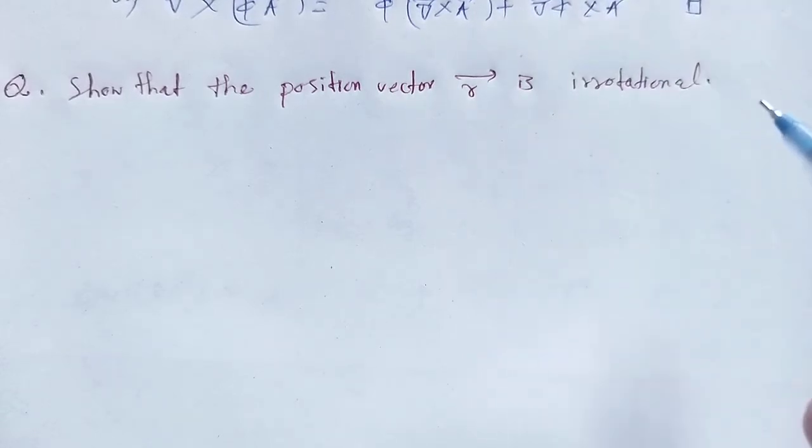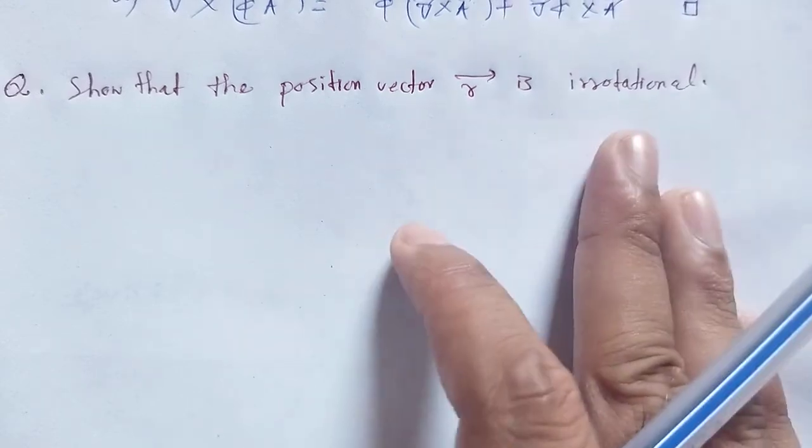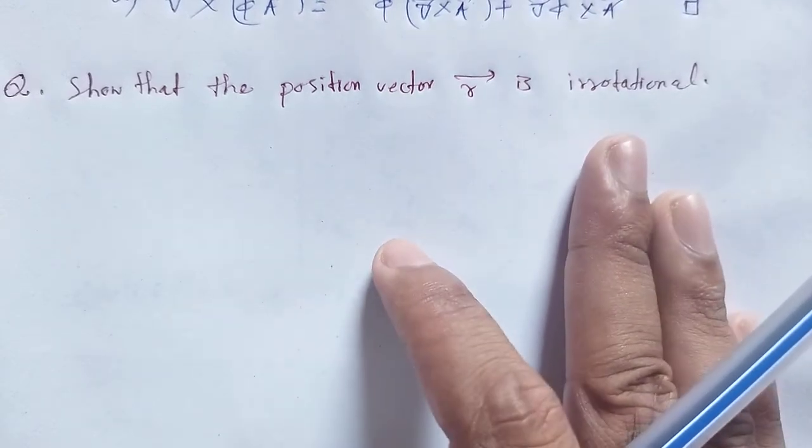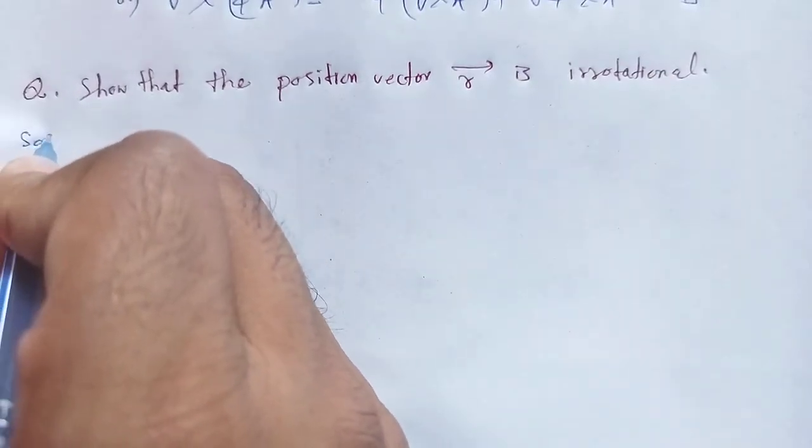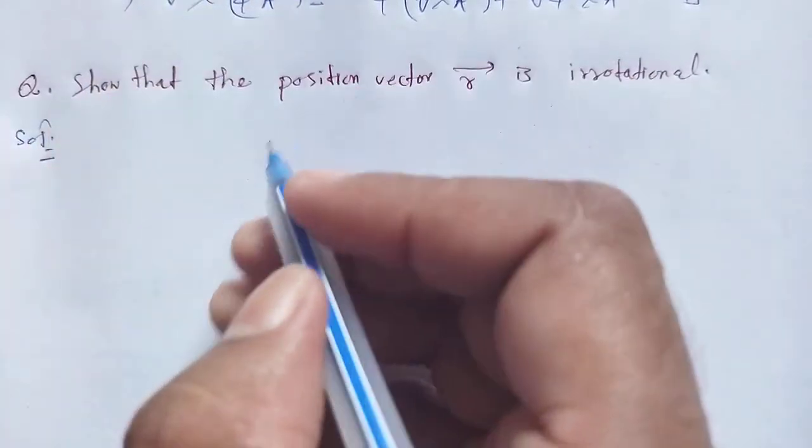For the irrotational condition, we know if the curl of that vector is 0, then we say that vector is irrotational.